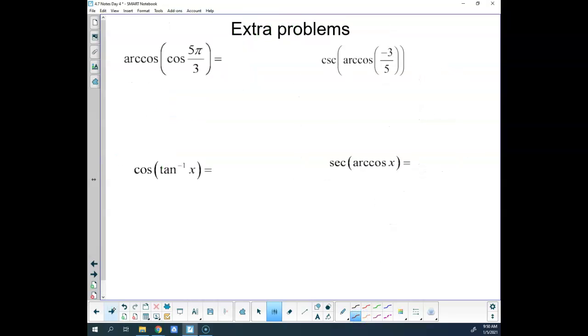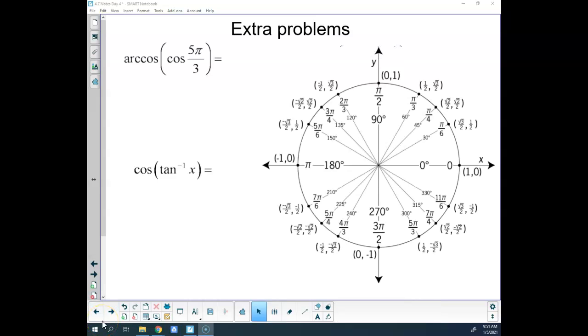Then what we did is we went and did compositions of these trig functions. When we're doing compositions of functions, we start on the inside first.